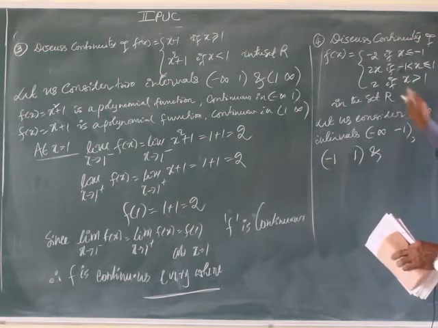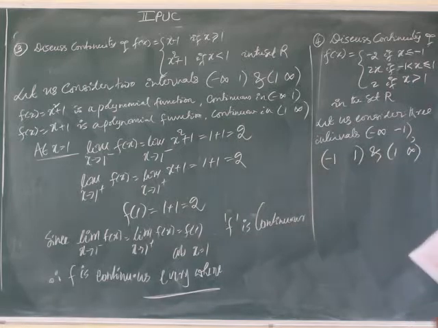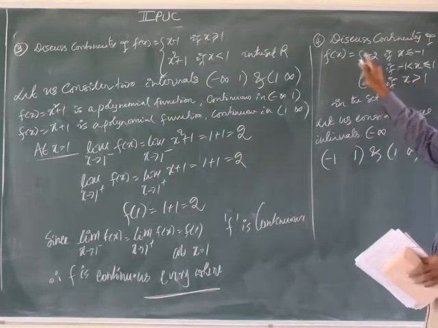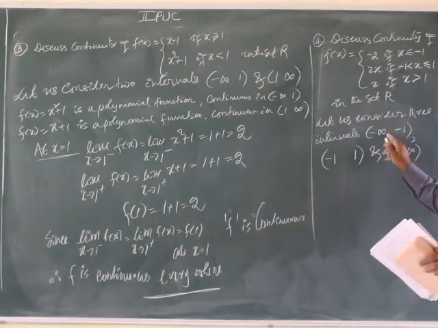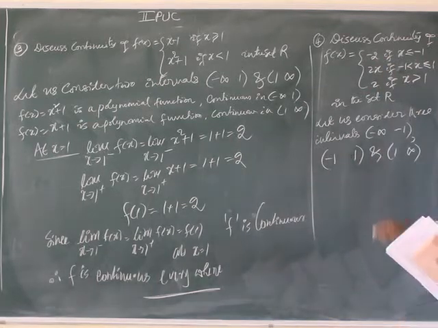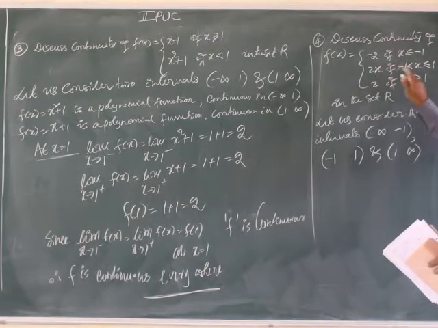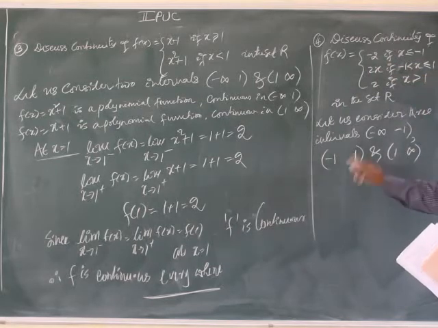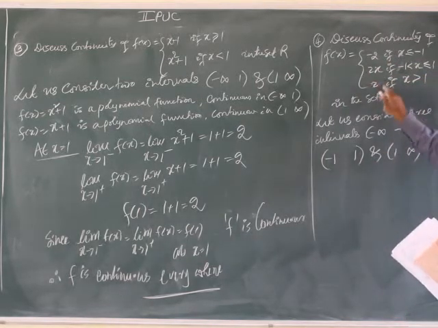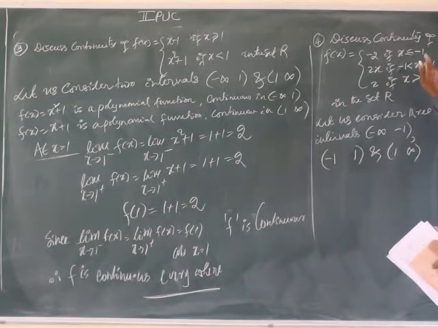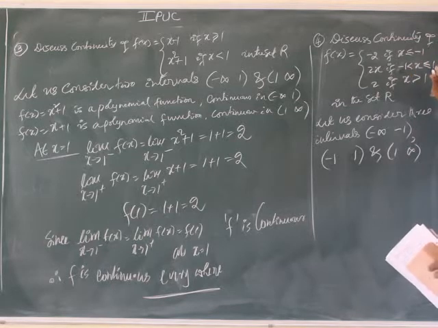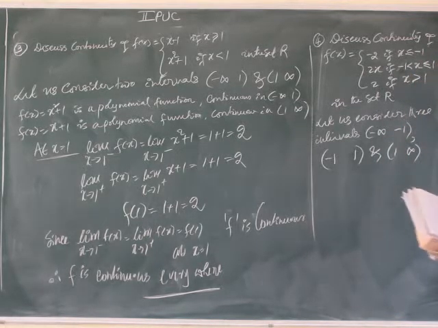And 1 to infinity. f of x equal to -2 is a constant function, continuous everywhere. In the first interval, function is continuous. 2x linear equation, it is also continuous. Again, constant function, continuous. Problem is to see whether it is continuous at -1 and 1.